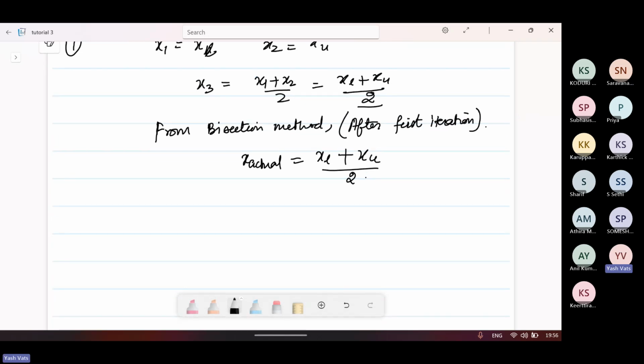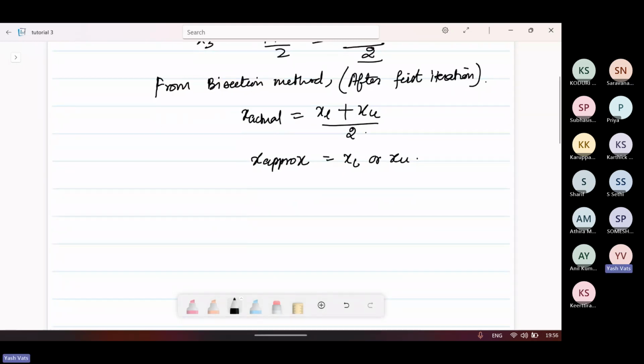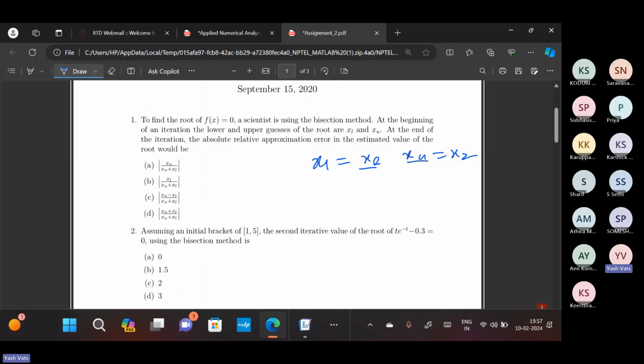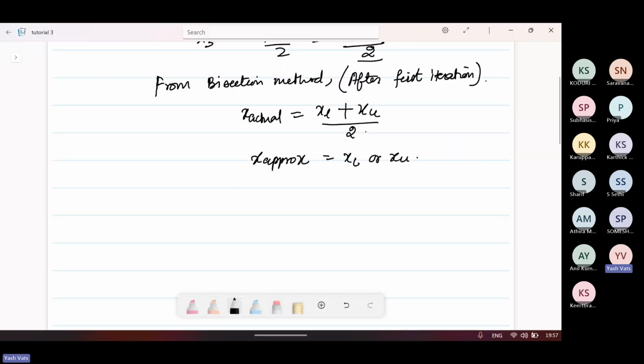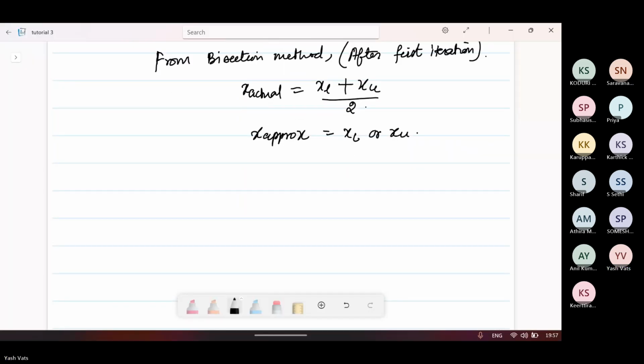And how do you find the relative error? Do you know that? What does the question say? You need to find the absolute relative approximation error. How do you find it? Anyone?